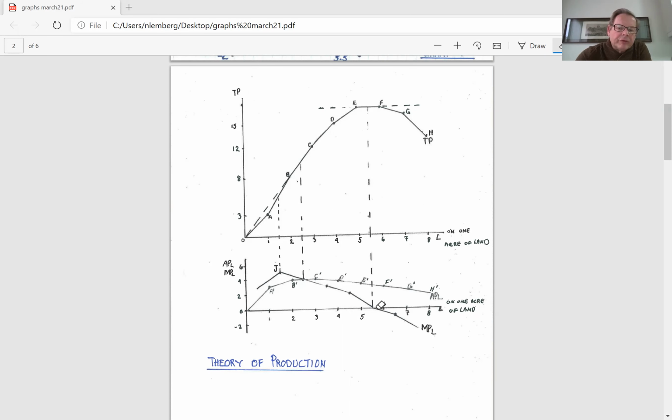And this is where the companies want to work, in stage two, ideally at 5.5 employees. Stage three goes from where the marginal product of the labor curve is 0, and the marginal product curve then tends to go negative.